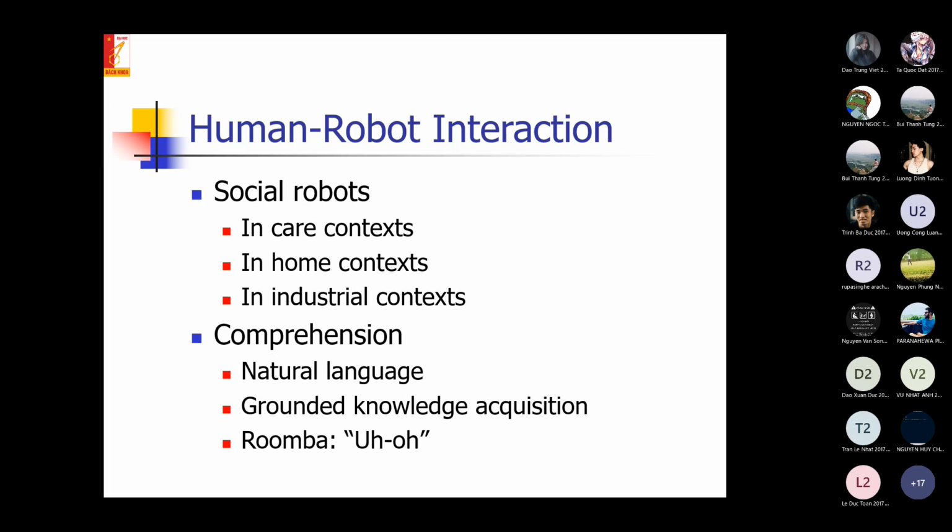And now the humans need to interact with and instruct the robots. So we need the robot to understand what we say or what we act, our action. So what we need to develop is about language, gesture, demonstration.